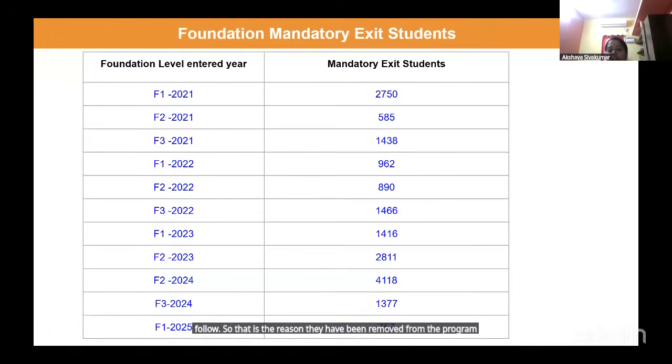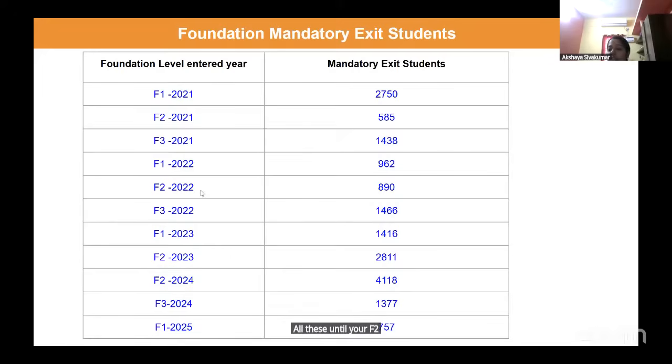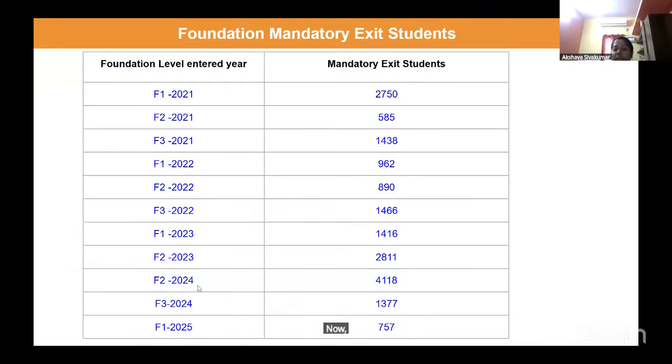Until F2 2023, it is the same pattern, where completing 8 courses in 9 terms is mandatory. Now, coming to F2 2024.